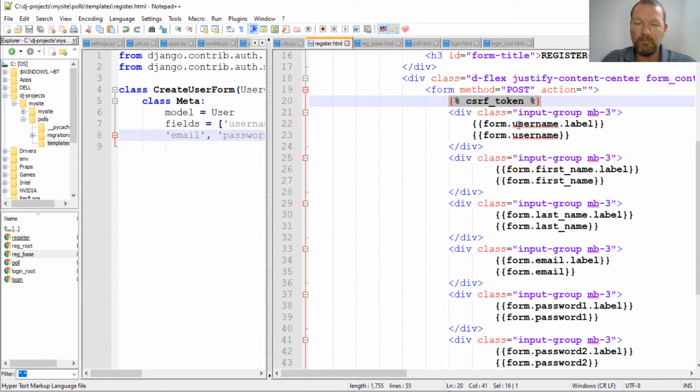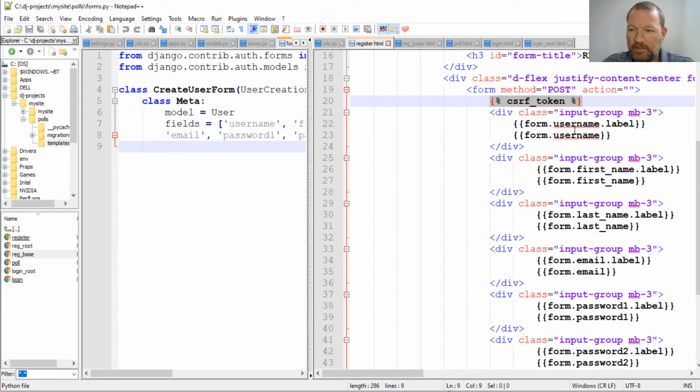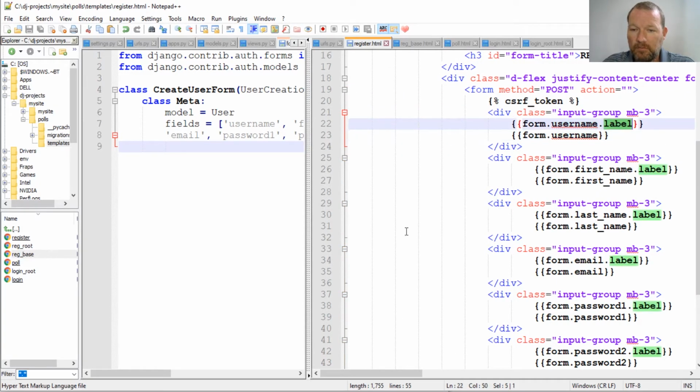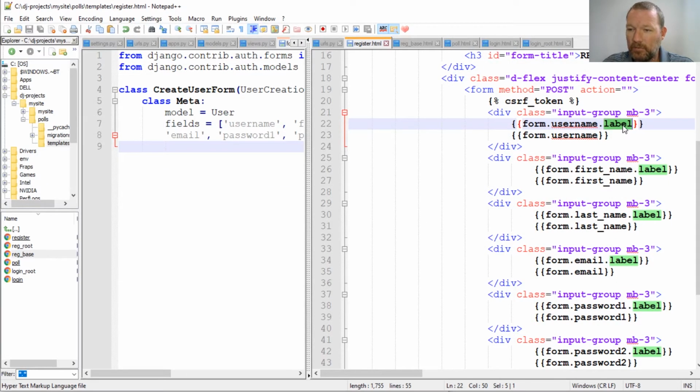Now, what you may not recognize right here is the form. So we have our form and we have our fields, right? So all this is the form name and then the label. So that is where all of this is coming from. Form, label. And that's why the label's first.